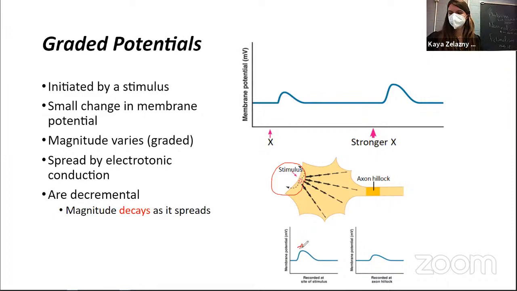Then the second point is what would happen if we measured at the axon hillock. We can see that this is lower, so we could draw a line across. We care about this because as we start to talk about action potentials, we're really going to be talking about what affects the axon hillock, because this is where the start of our action potential is.